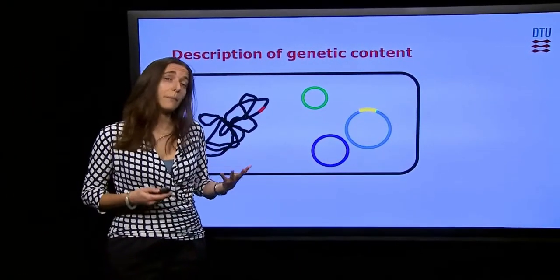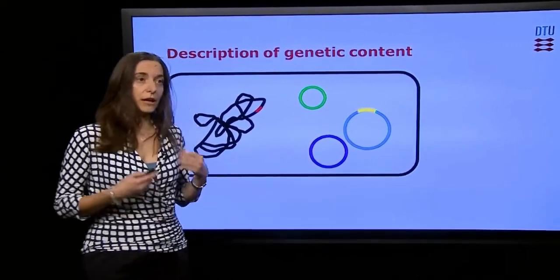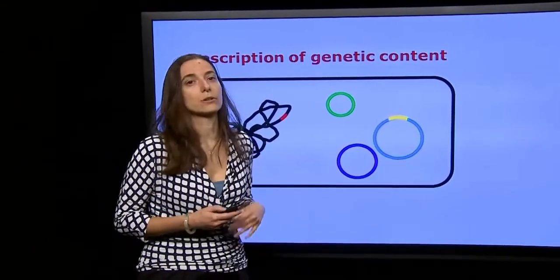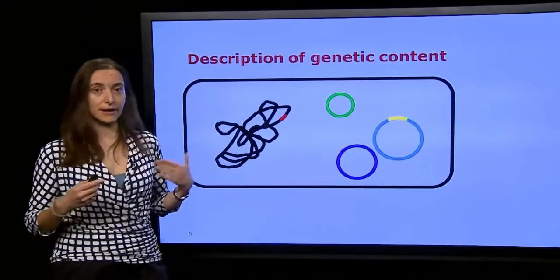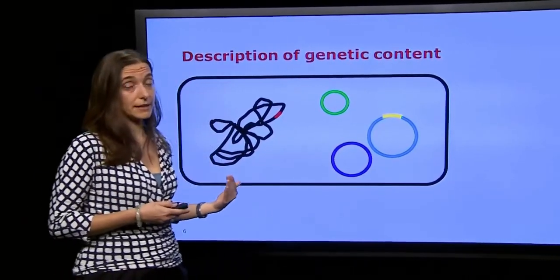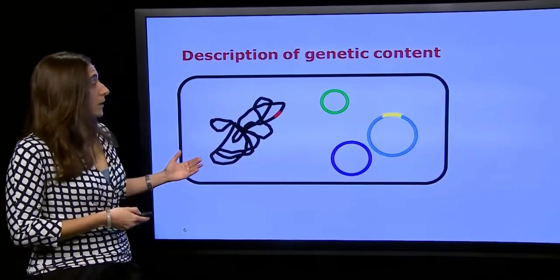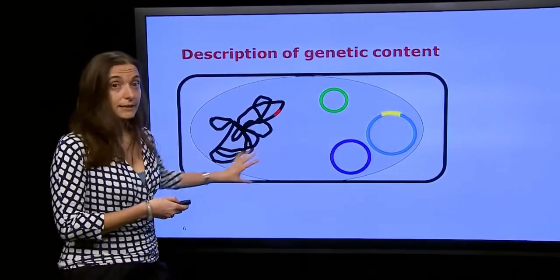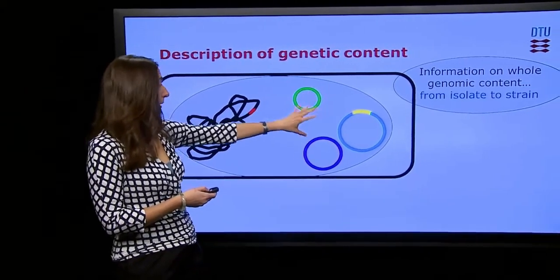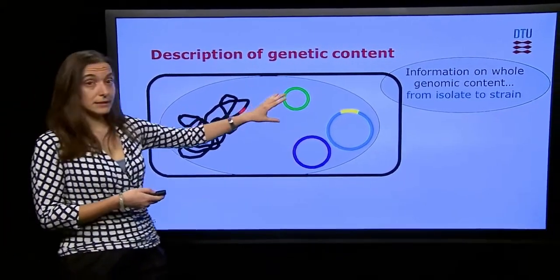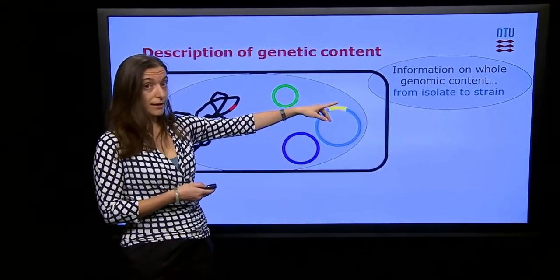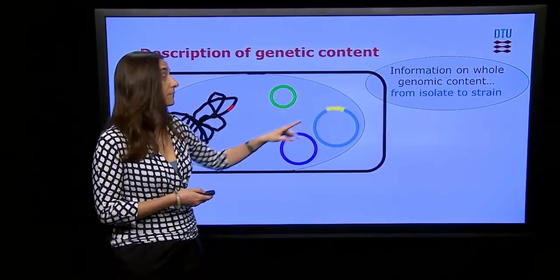Of course, we can have many different levels of characterization. If you think about characterizing people, in the example that I was doing about Homo sapiens, you can characterize at many different levels. And exactly the same thing can be done with bacteria. You can aim at characterizing the entire genetic content, and then you will have information on plasmids, on chromosome, and this is what will bring you from the definition of bacterial isolate to bacterial strain.